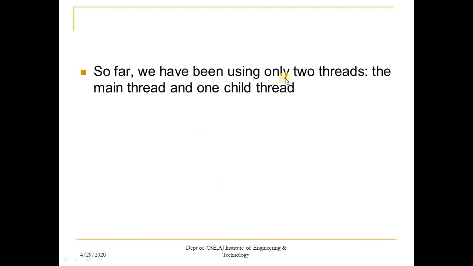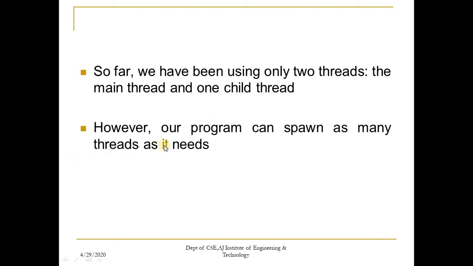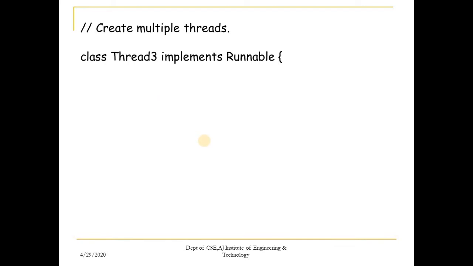So far we have been using only two threads, the main thread and one child thread. However, our program can spawn as many threads as it needs. So in one program you can create as many child threads as you need. For creating multiple threads, this is an example program.